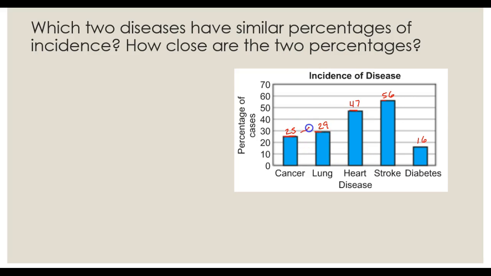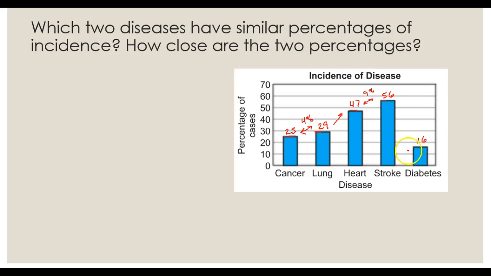And so 25 to 29, I think fairly obvious that those are the closest. 25, 29, there's a difference of 4% there. Obviously 29 to 47, it's a vast difference. But 47 to 56, no matter how you estimate these, it's going to be a 9% difference between those two.